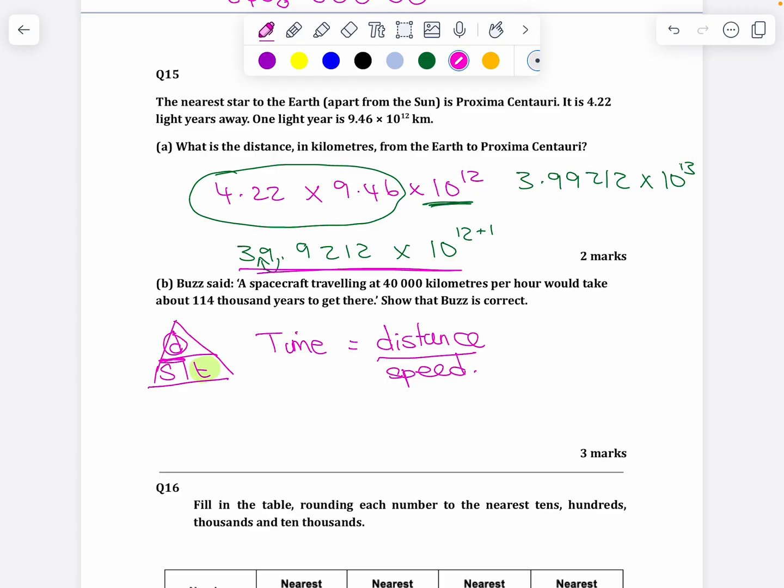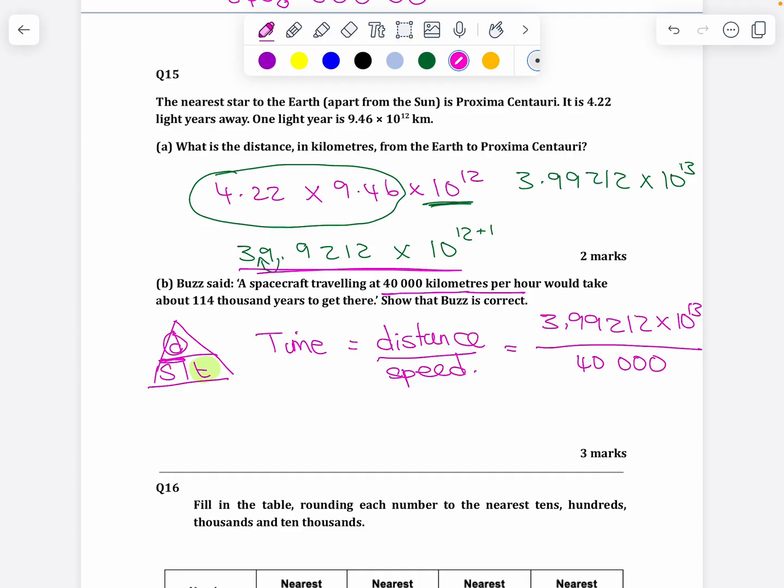So we're going to do 3.99212 times 10 to the power 13. And we're going to divide by the speed, which is 40,000 kilometers per hour. So we need to divide it by 40,000.